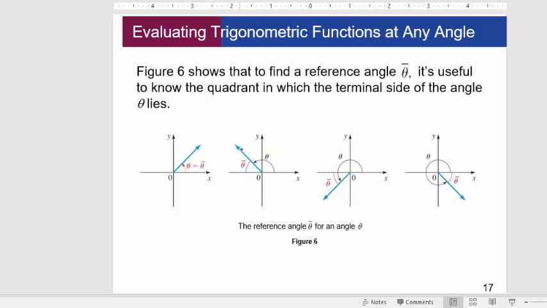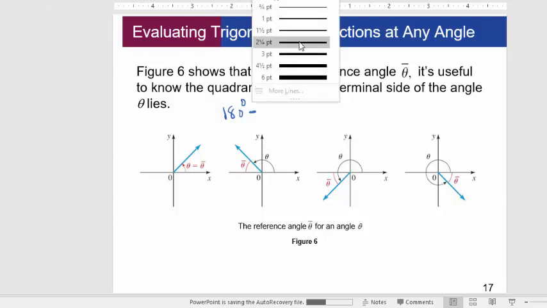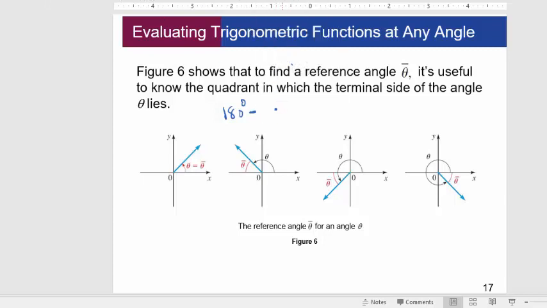So in the second quadrant, how would you find this theta bar? You would have done 180 degrees minus theta.